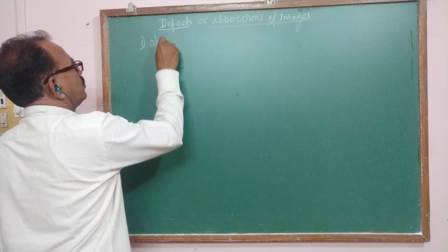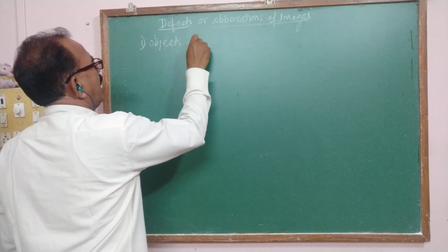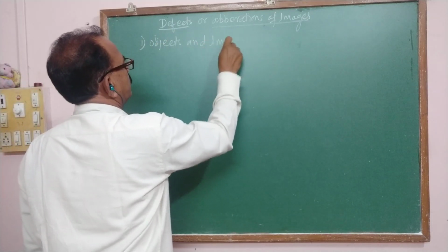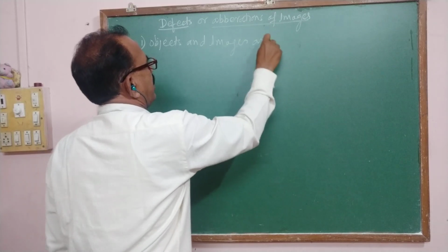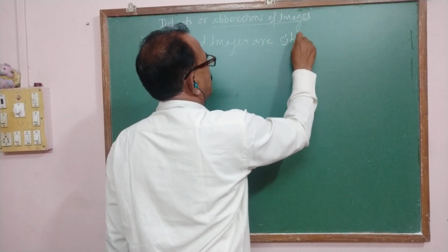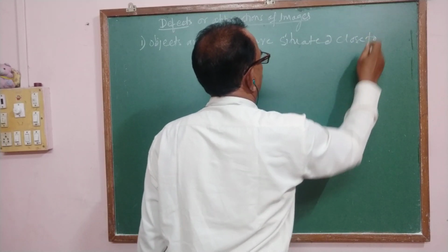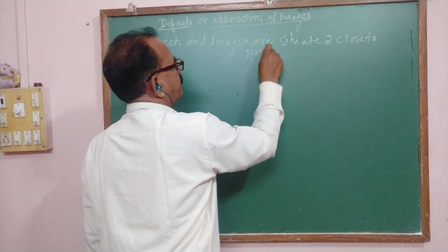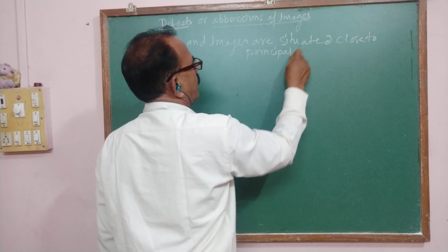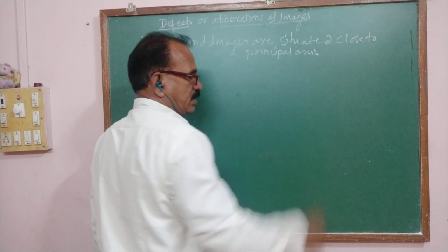Objects and images are situated close to the principal axis. This is the first point.